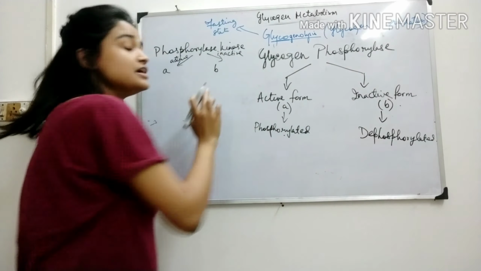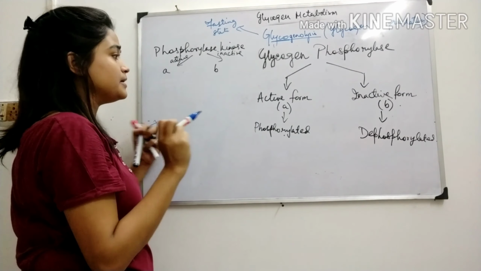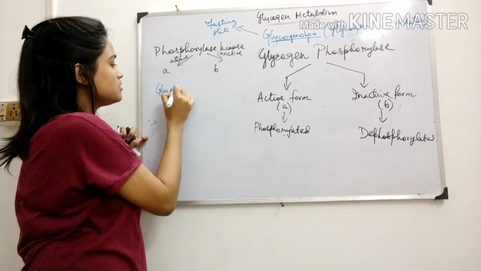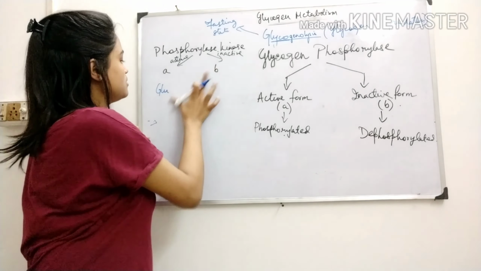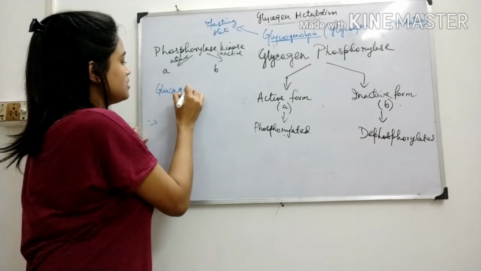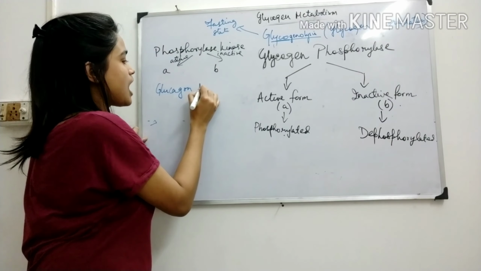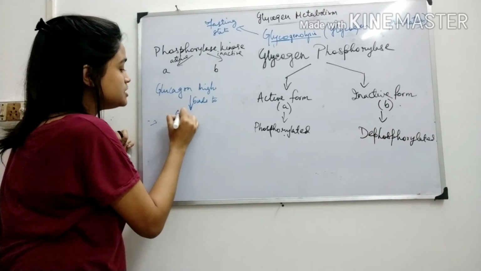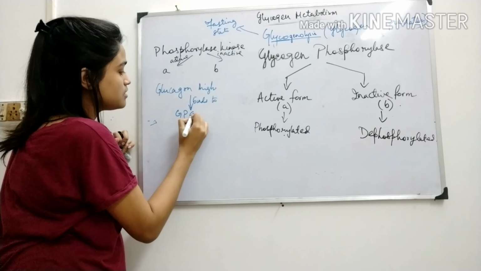Now, in the fasting stage, glucagon level is high. When glucagon is high, it binds to GPCR. What is GPCR?